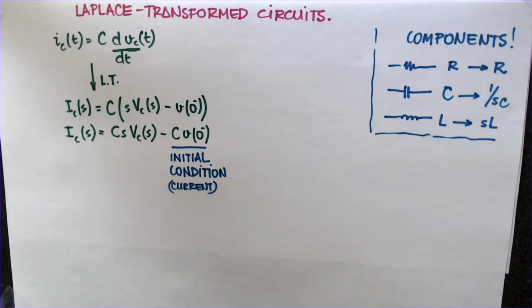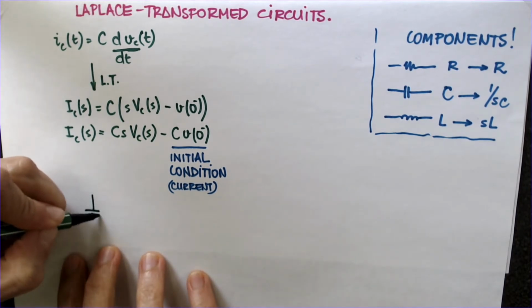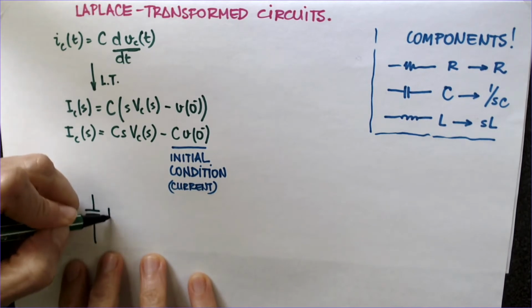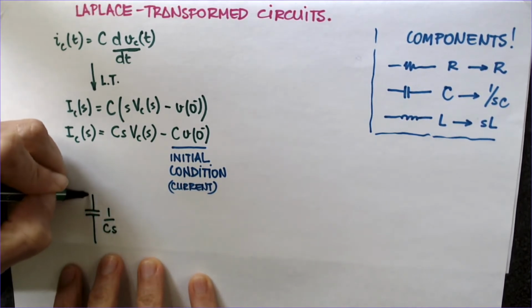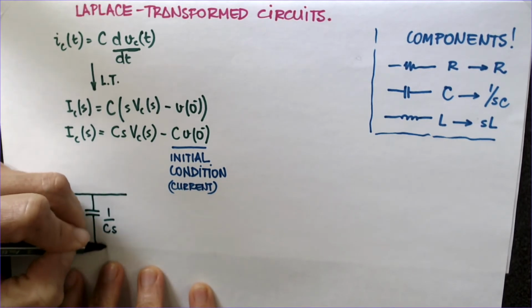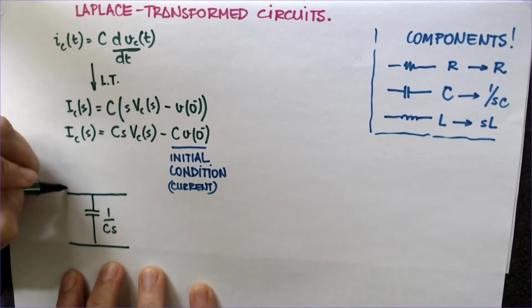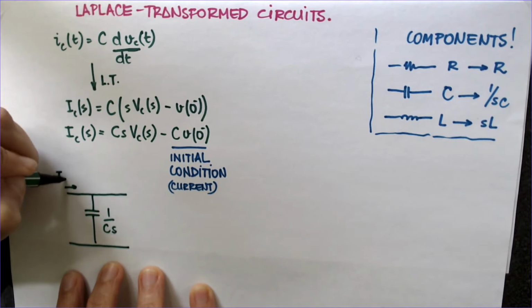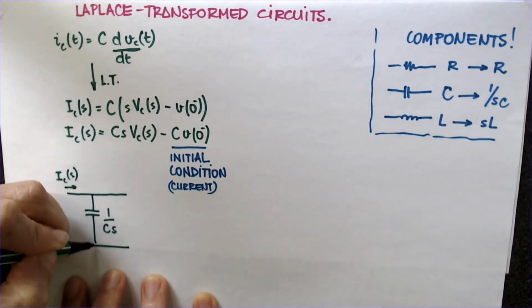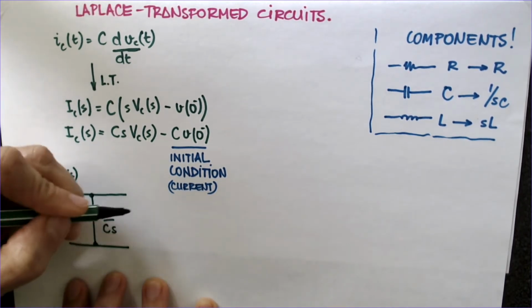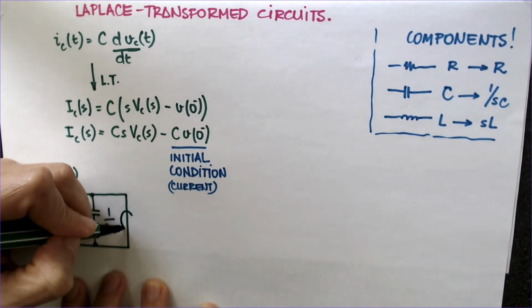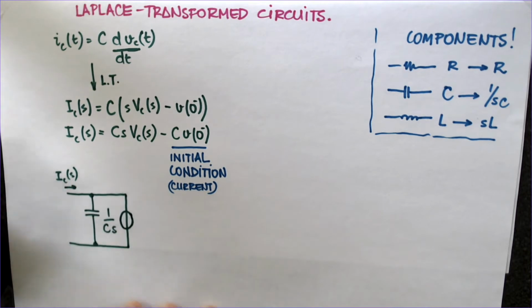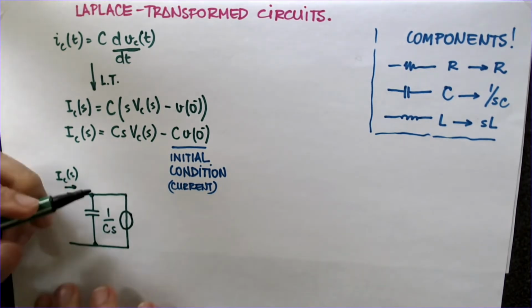So when we draw this, the sum of two currents will be a capacitor in parallel with a current supply. And the impedance of the capacitor in the S domain will be 1 over Cs. This is the current through the capacitor, which will be split into that current minus C times V0.